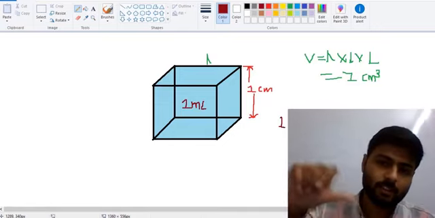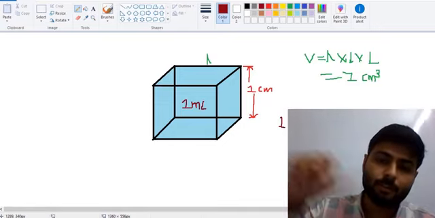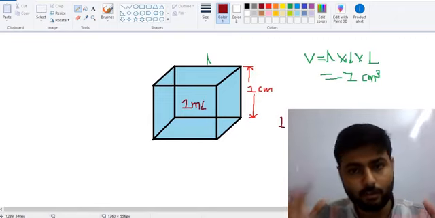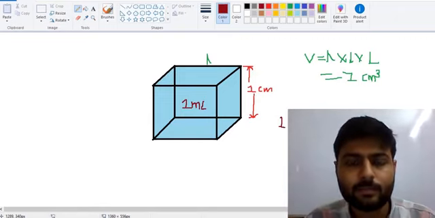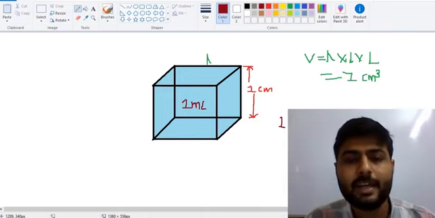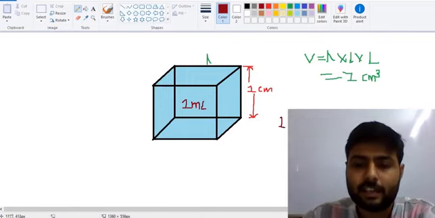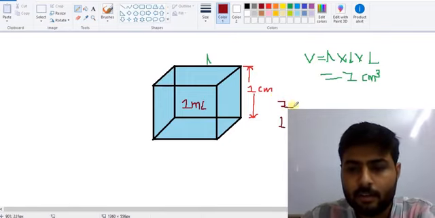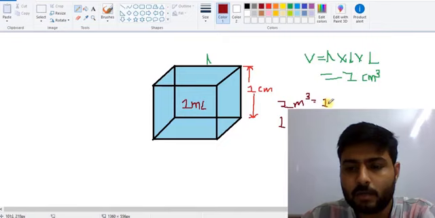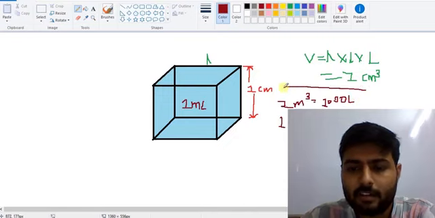Now if we fill this cube with water or any liquid, the volume of that liquid will be 1000 liter. So we can say that 1 meter cube is equal to 1000 liter.